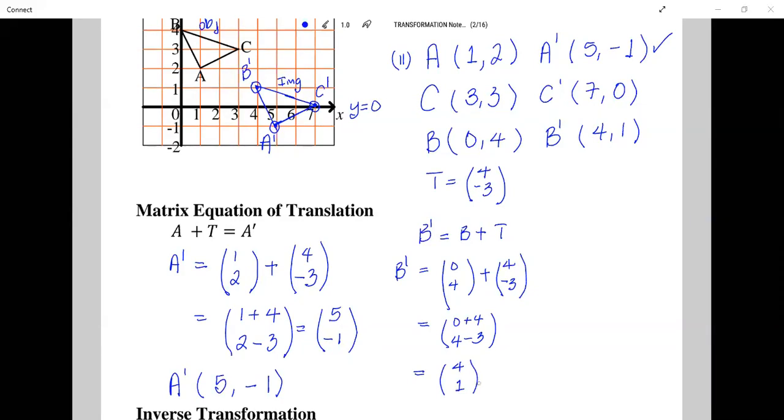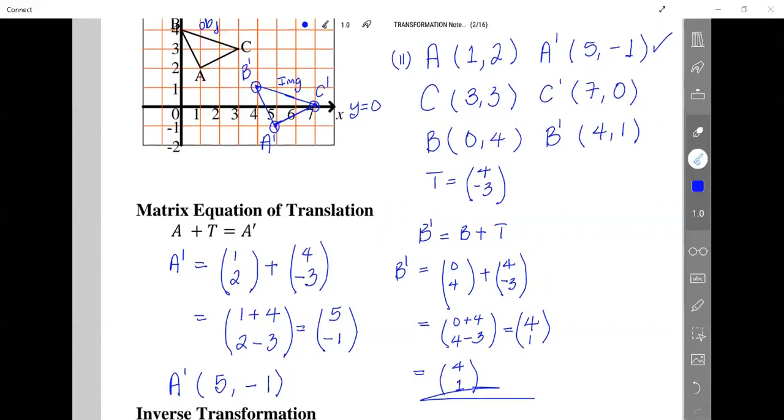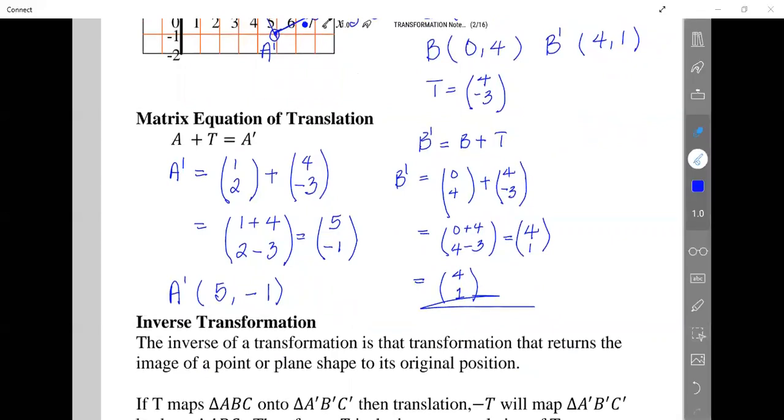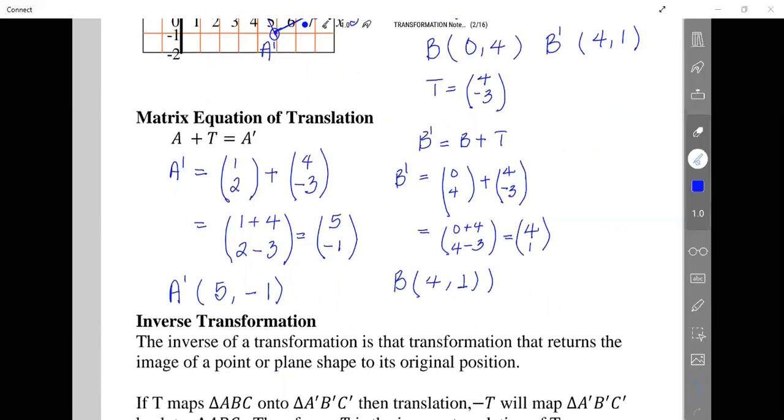So this is saying that the coordinate of B prime is the point 4, 1. And we can all see for ourselves that it worked, because if we look in the diagram, we can see that B prime is the point 4, 1.